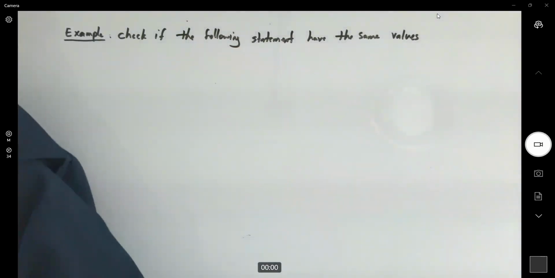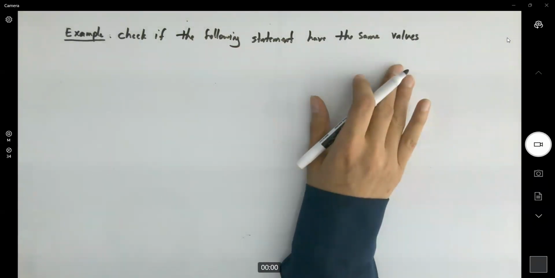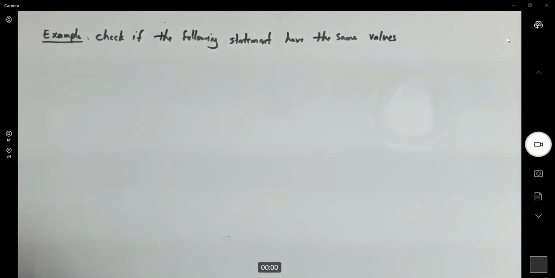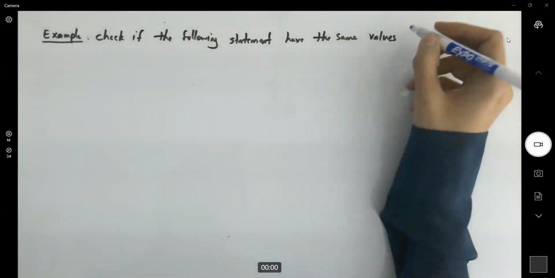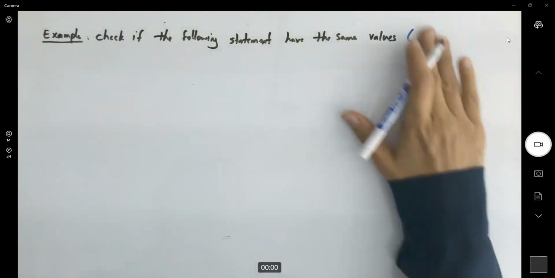If you have two statements, or three statements, that have the same values, you say that they are logically equivalent. So let us write this down here: logically equivalent, or just equivalent.